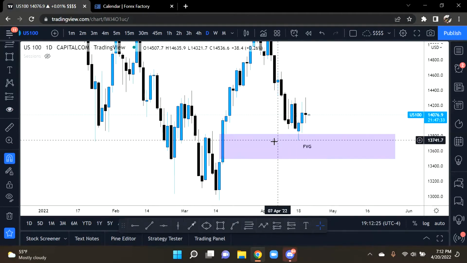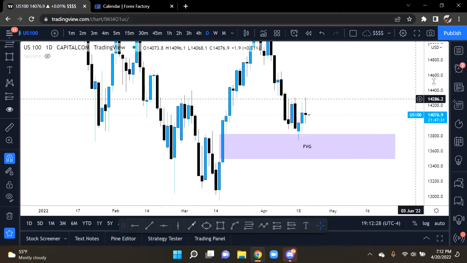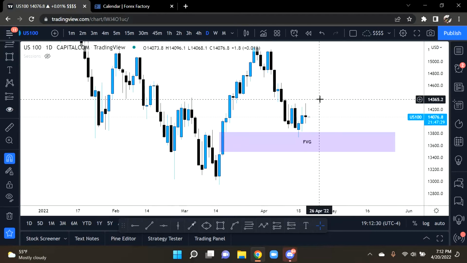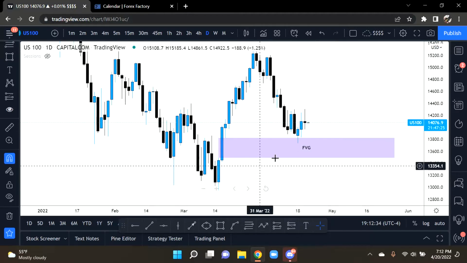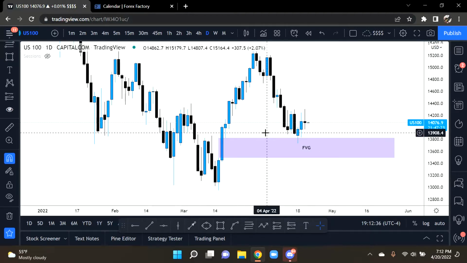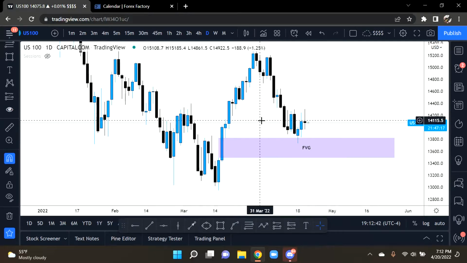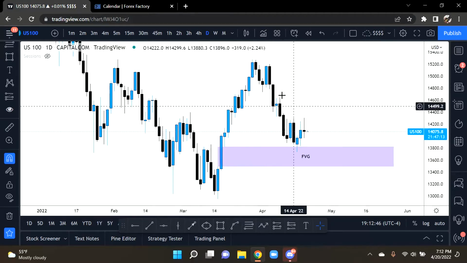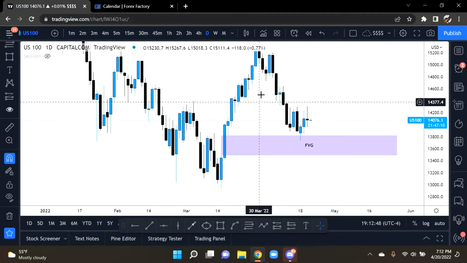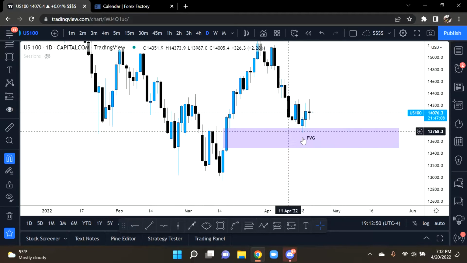All right, so one, I get my narrative from the daily time frame, the higher time frame. That gives me what direction I should be trading in. Two, I need targets. What am I targeting? If I'm looking to buy, I'm targeting the highs in the market. If I'm looking to sell, then I'm targeting the lows in the market.